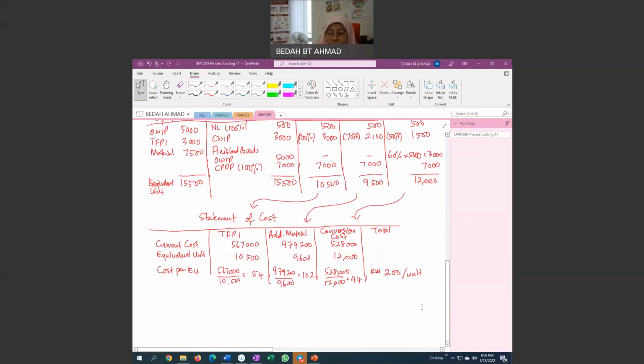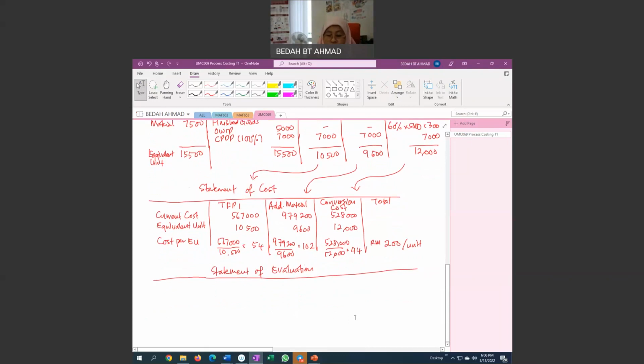And finally, we need to prepare another one to find the cost per unit. Finally, is to prepare the statement of evaluation. Statement of evaluation is where we want to find the value of the normal loss, closing work in progress, opening work in progress, and each output.